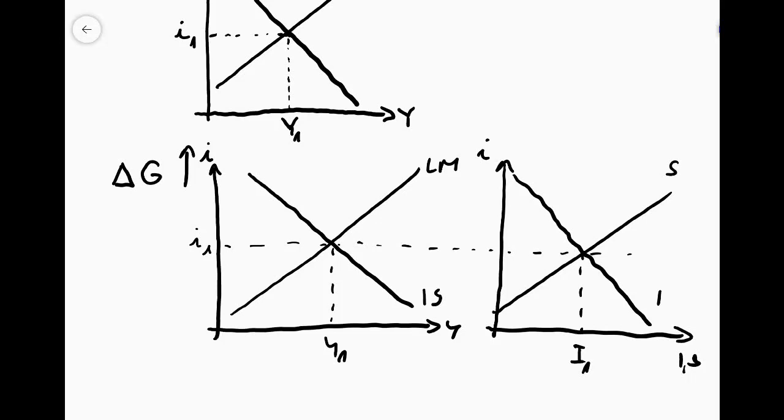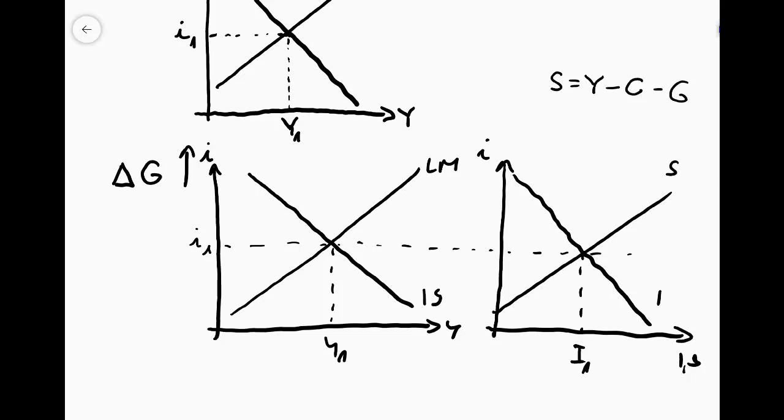We already know that S was equal to Y minus C minus G in equilibrium.